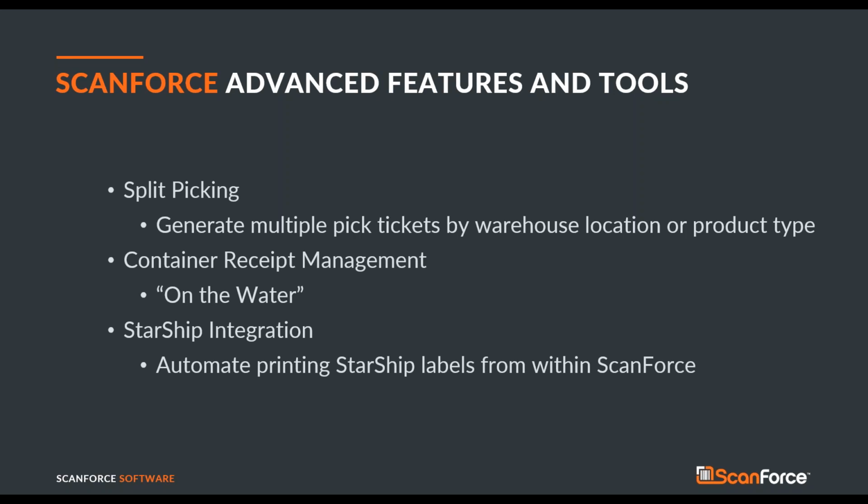So from our handheld, while you're in the picking and shipping phase, you can hit a button, boom, instantly Starship labels print out. For those of you already using Starship, you're thinking, you mean I don't have to go to a PC and log in and find the order and navigate through the screen and hit the button? No, all that goes away. You do it from the handheld while you're doing the picking and shipping process. That can save you hours a day, okay? Well worth it, all right?